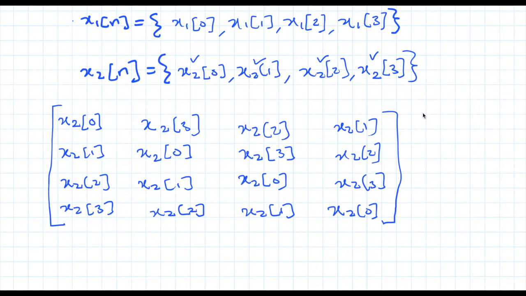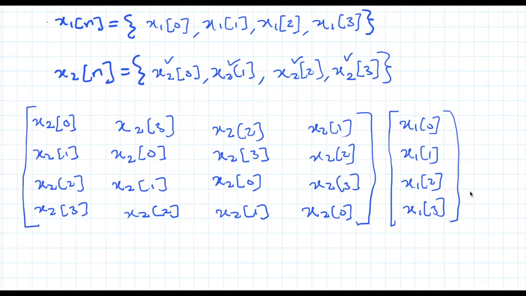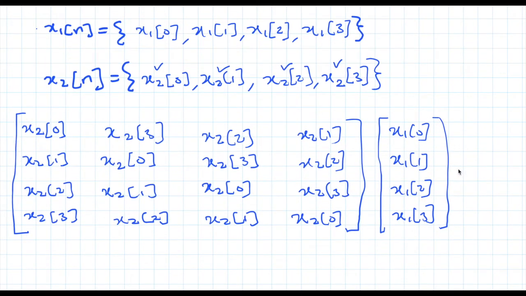Then what we have to do is write the first sequence in the form of a column vector or column matrix. So we'll be writing x1 of 0, then x1 of 1, then x1 of 2, then x1 of 3. If you multiply these two matrices together, the value that you will get would be the circular convolution of these two sequences.